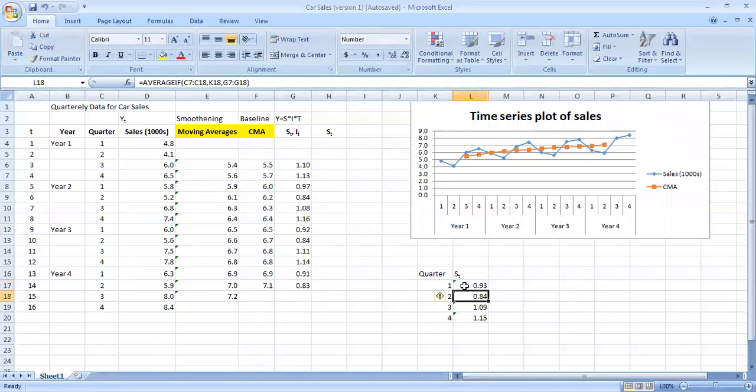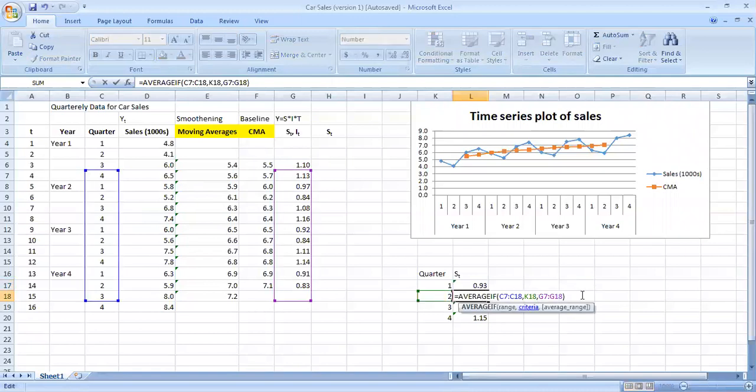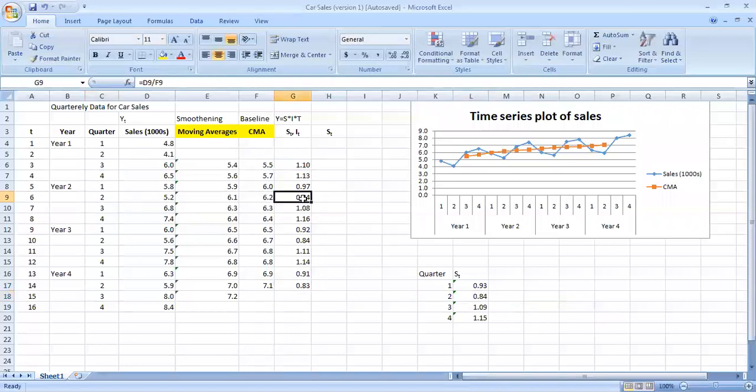Is it clear? Then when we drag it down, the criteria is different. What we are asking Excel to do is first look into this particular range, then check whether it is equivalent to quarter 2. If it is 2, you have to average all the numbers that correspond to quarter 2, like 0.84, 0.84, and 0.83.